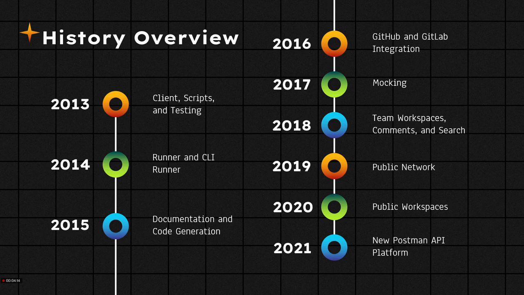In 2018, acknowledging the need for closer collaboration across teams, workspaces were launched, as well as the ability to comment on collections and search across workspaces, APIs, and collections.